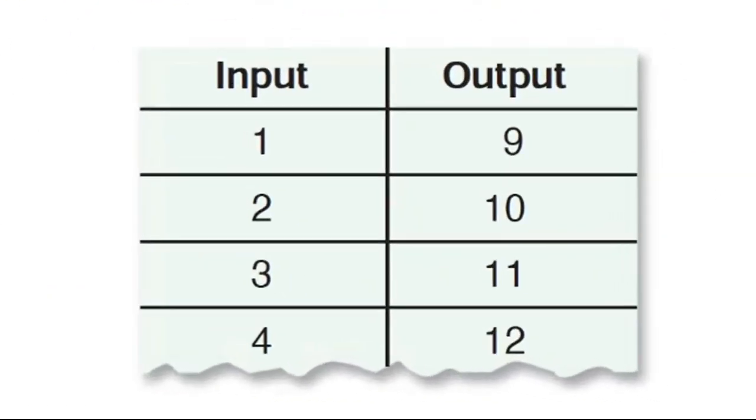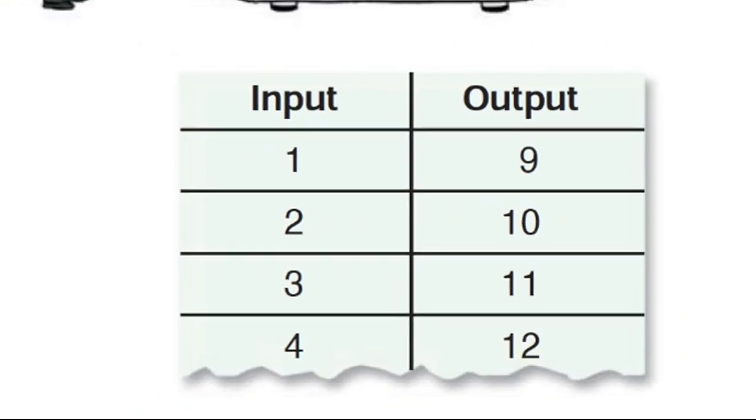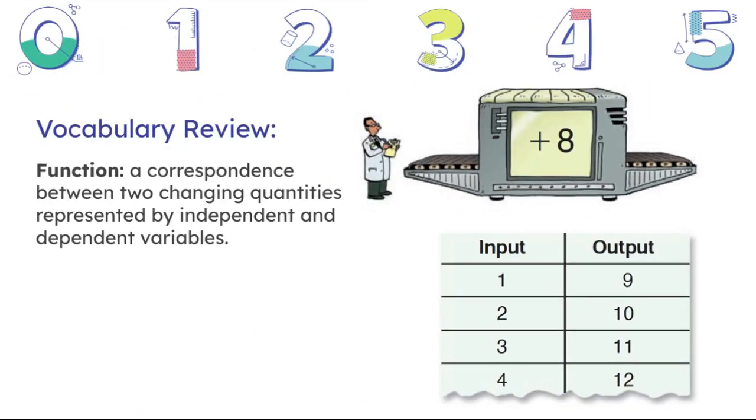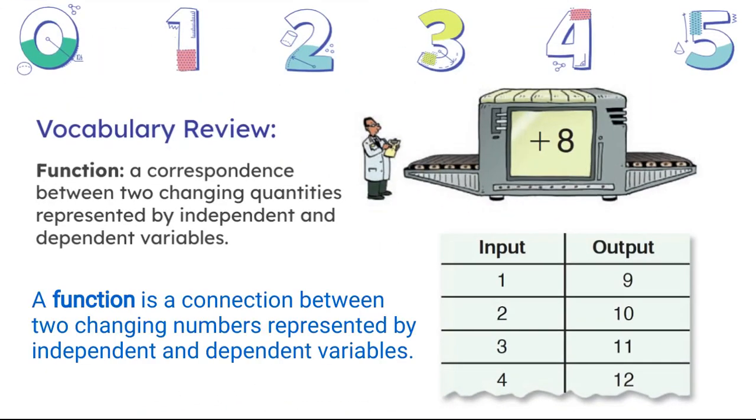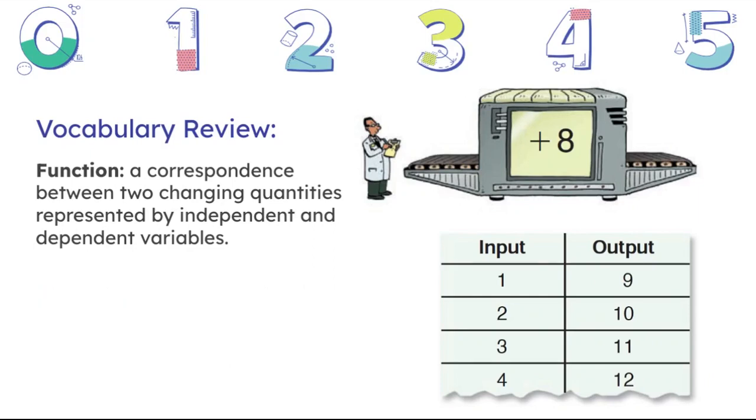And then the input and output are represented by independent and dependent variables, okay? So it's a connection between two changing numbers represented by independent and dependent variables. And I know I didn't define those because I'm just about to do that now.